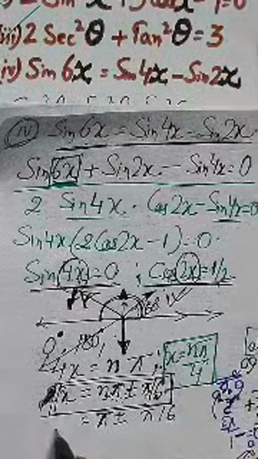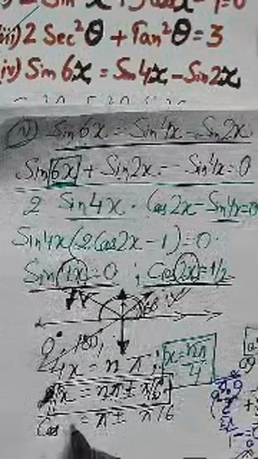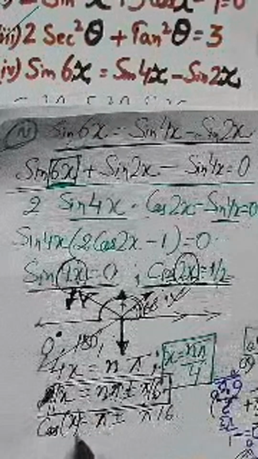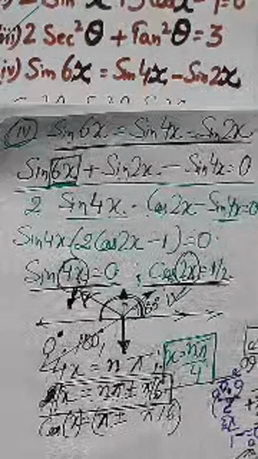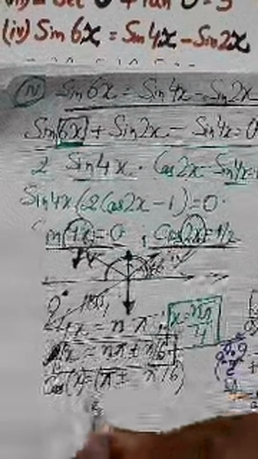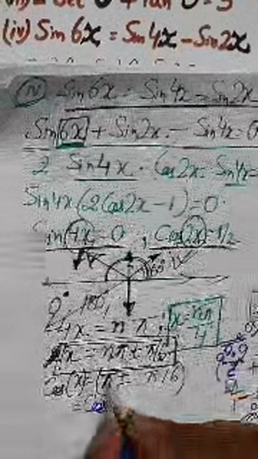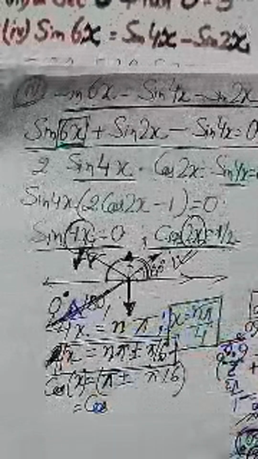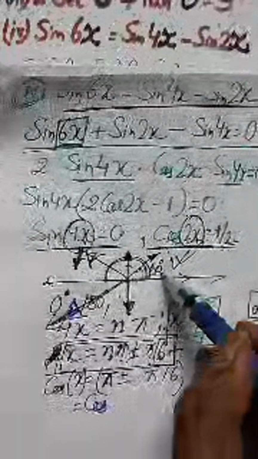So if you consider cos of this, here x equal to pi plus minus pi by 6, if you take cos on both sides, this will give you cos of pi plus minus pi by 6. So cos of pi plus something is going into the third quadrant.